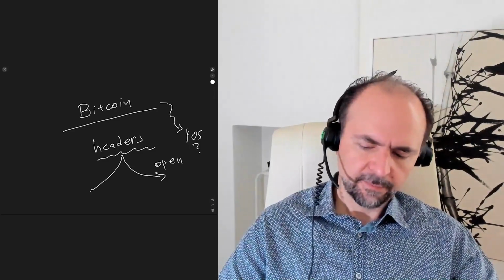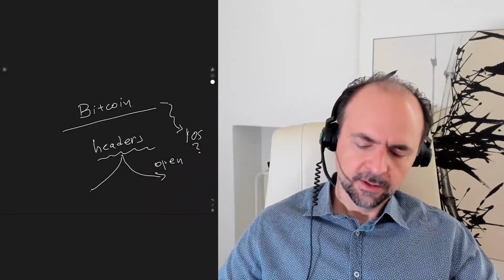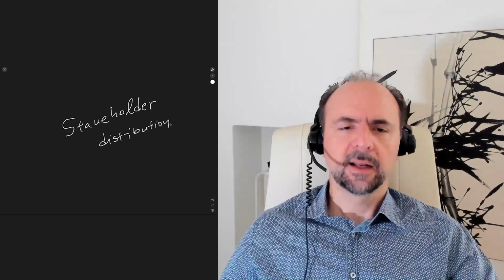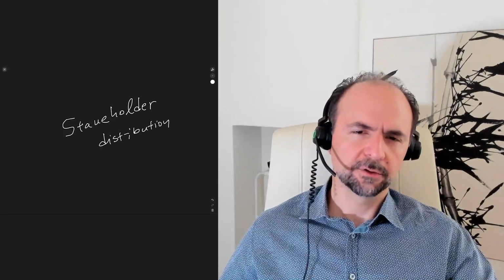The client needs to have at its disposal the information related to the stakeholder distribution, because this contains all the cryptographic key material that the client needs in order to verify the blocks. So it appears that we hit a roadblock. How is it possible to facilitate fast client bootstrapping without downloading all transactions?